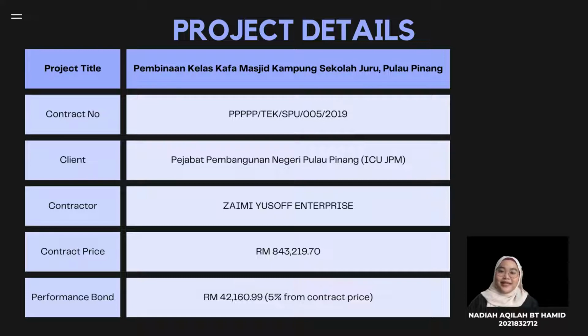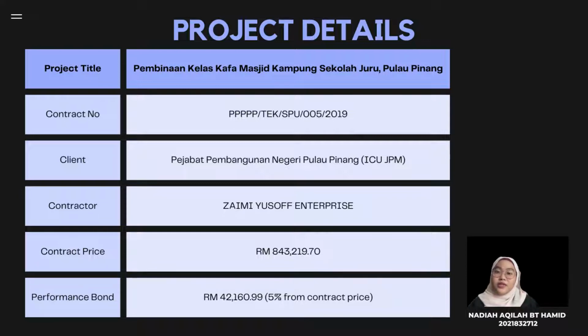Assalamualaikum, my name is Nadia Akhilah. Now I will continue the details of the project Pembinaan Kelas Kafah Masjid Kampung Sekolah Juru Pulau Pinang. The client of this project is Pejabat Pembangunan Negeri Pulau Pinang, and Zami Yusof Enterprise is the main contractor of this project. This project has estimated about 8,430,219 ringgit and 70 cent in tender contract.